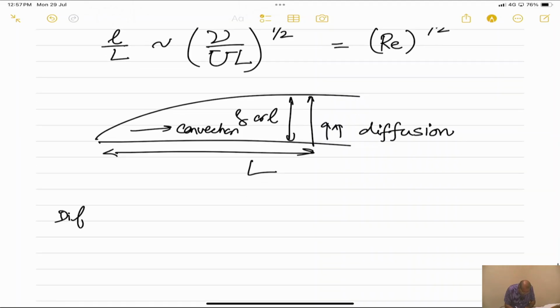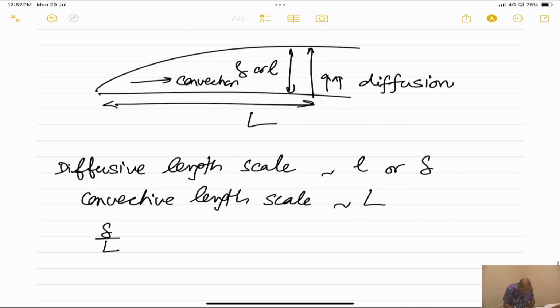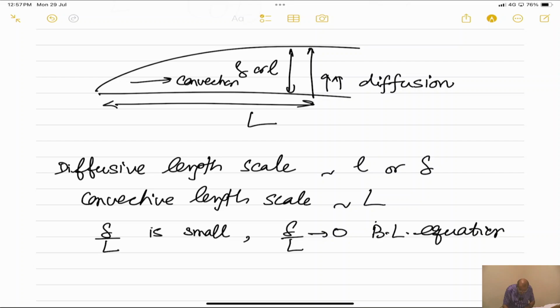For the laminar case, the diffusive length scale is L or delta, and the convective length scale is obviously capital L, and delta over L is small. When delta over L tends to 0, this is when we get the boundary layer equations for a laminar flow.